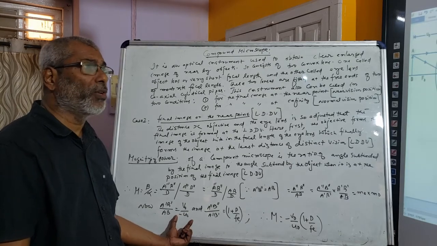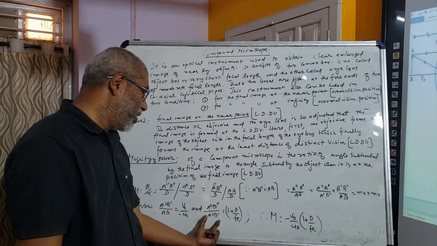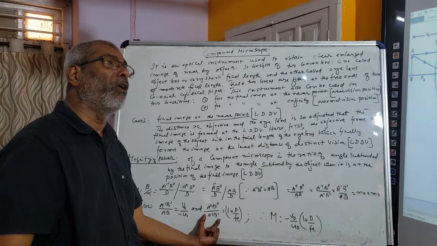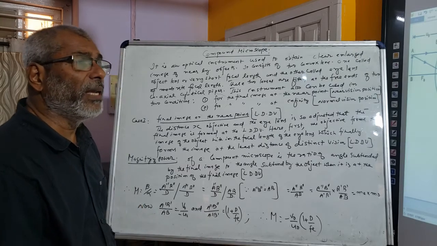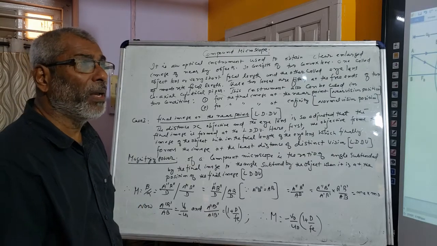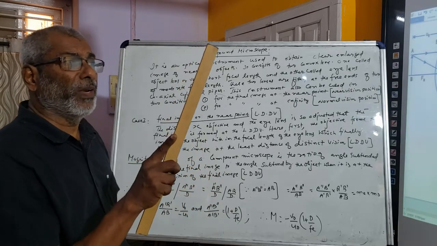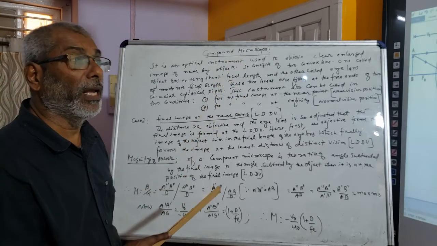This minus sign shows sign convention. And A2' B2' divided by A'B' is the magnifying power of the eye lens. Eye lens in this case is acting as a simple microscope. Why? Because the image A'B' is within the focal length.